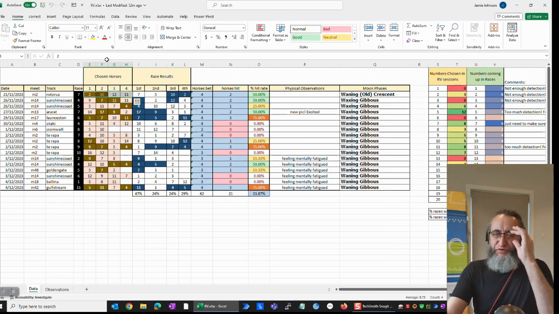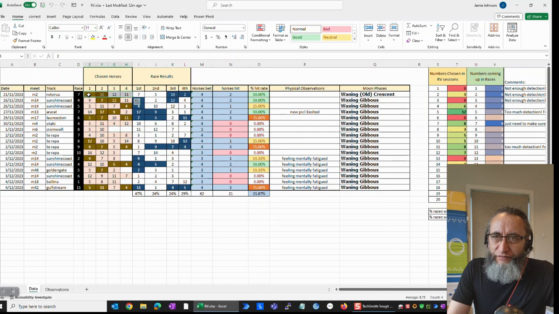So back to the spreadsheet. I've got the horse choices here. The first choice was the one that I counted the most impressions on for the session, and then second and third and fourth. In this one, the most had come fourth, and the second most had come third.